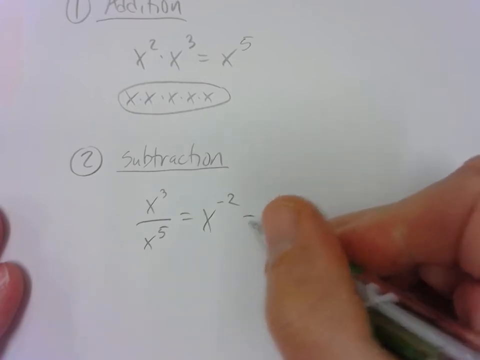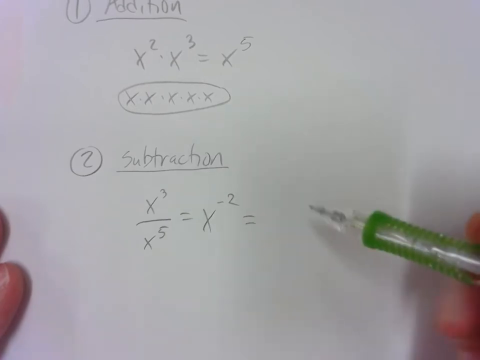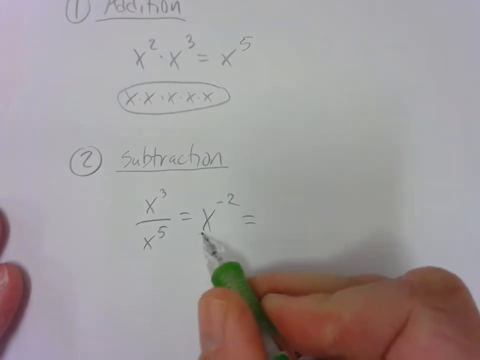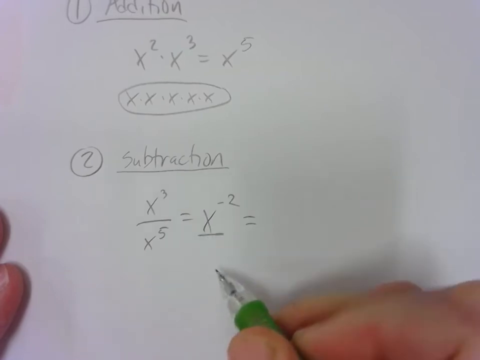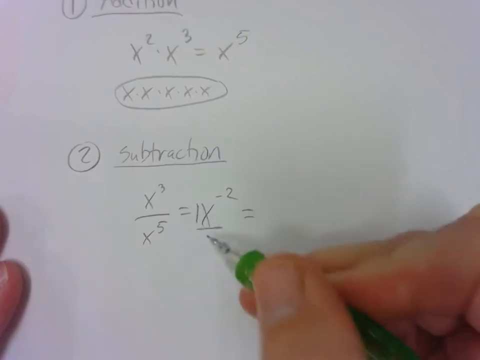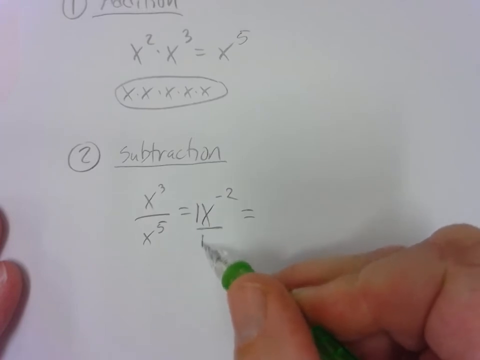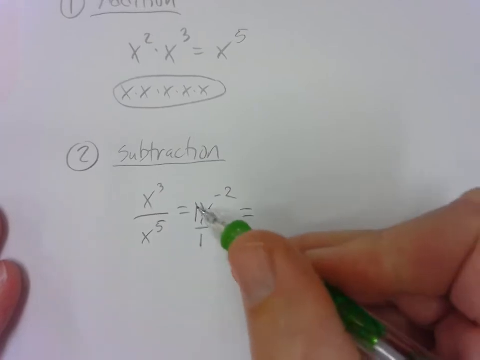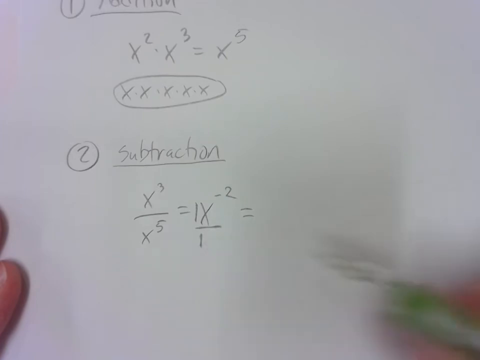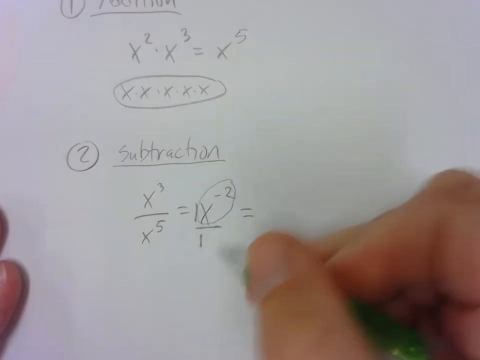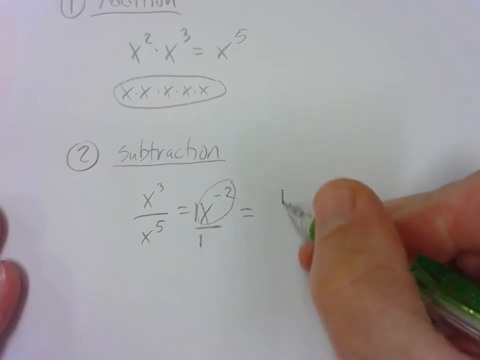Then I'm going to do another rule, which says you can change any negative exponent into a positive exponent by crossing the fraction line. There's an invisible fraction line right there, and there's an invisible 1 that doesn't move. The x to the negative 2 drops to the bottom and joins forces with the invisible 1, so the 1 now shows up on the top.